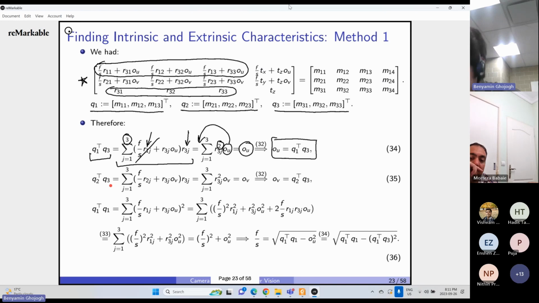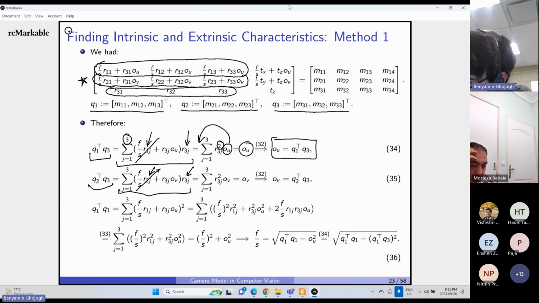Likewise, Q2 transpose Q3. What happens? This is Q2, and this is Q3, right? If you have the inner product, you will get this. Likewise, r2j, r3j, when you multiply them and sum over the dimensions, it becomes 0 because they are orthogonal. Then you will have r3j squared, ov comes out of the summation.